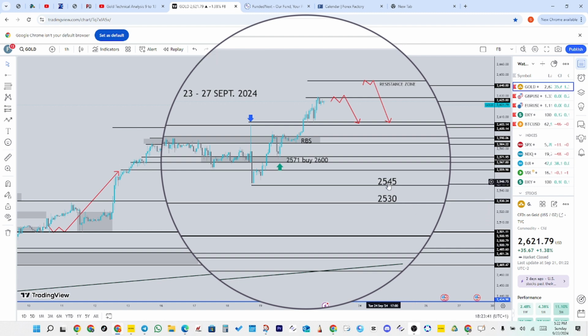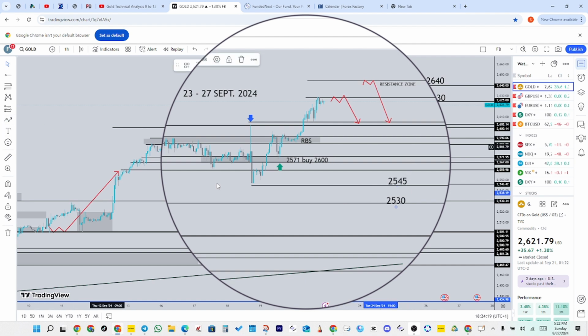These are the zones I am going to work with, which are the support areas I'm going to play around with. And then the next ones are going to be 2640 and 2630. So these are the resistance areas I am going to work with, and these are the support areas I am going to work with.